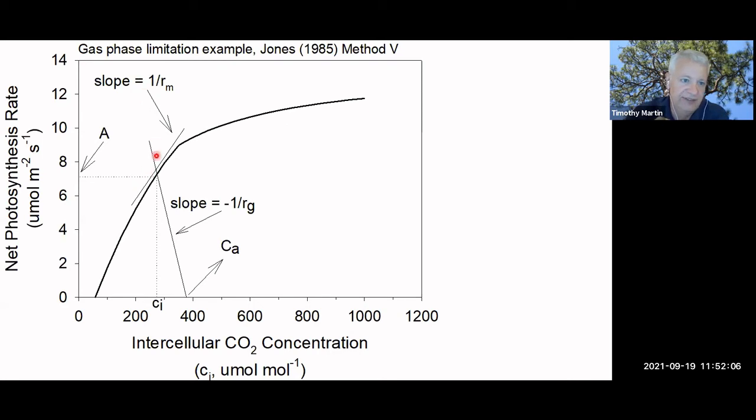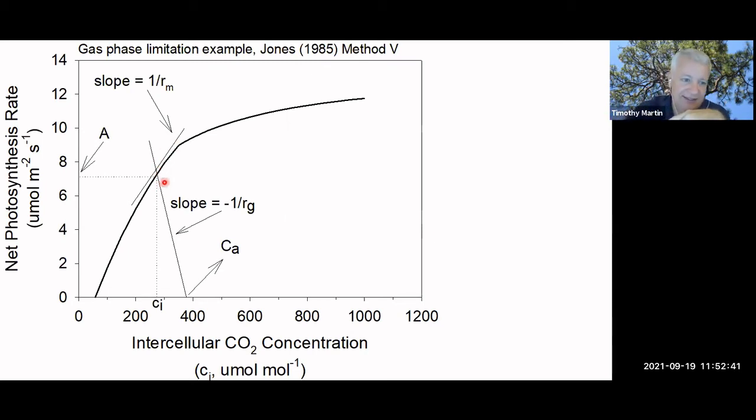So the inverse of that slope is the mesophyll resistance. So it's the resistance to the mesophyll uptake of CO2. So if this slope gets steeper, that means there's less resistance to gas uptake in the non-stomatal components, or there's a greater conductance.